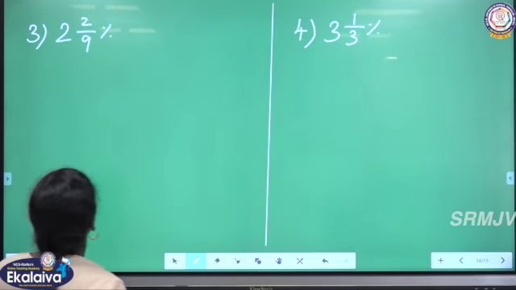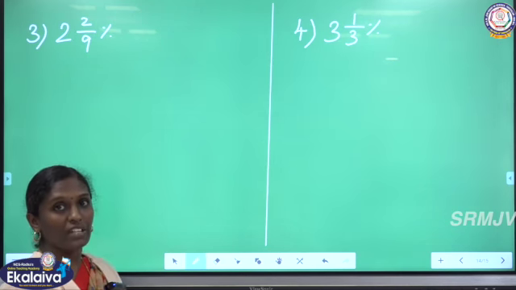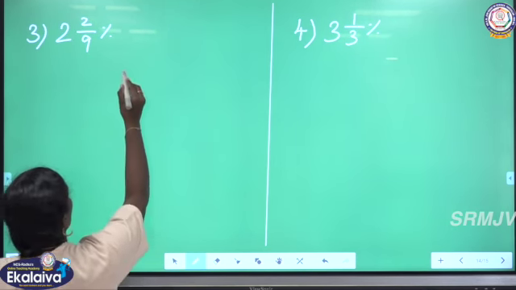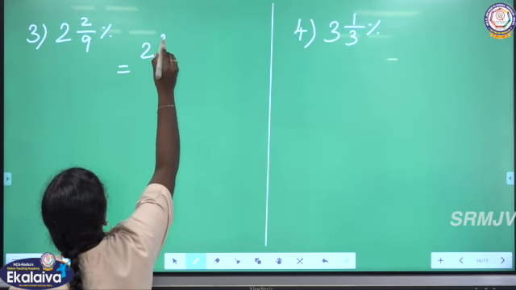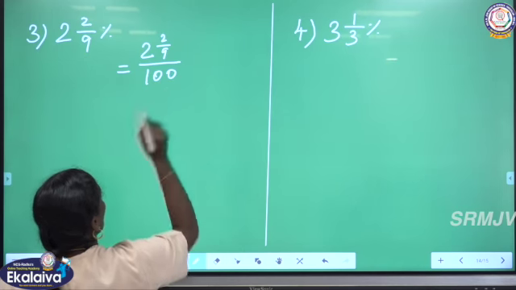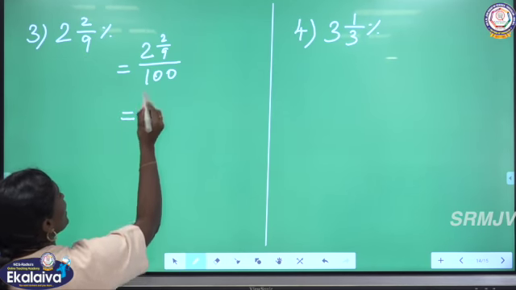Then the next one, 2 by 9 percentage. Here we are having a mixed fraction. So first we are going to convert it as an improper fraction. Okay, first while writing it as fraction, we will get 2 by 9 divided by 100. Like that we have to write. First we are going to convert the mixed fraction as improper fraction.